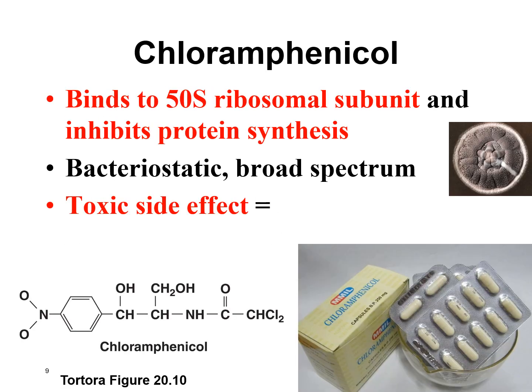Okay, and then our last antibiotic that binds to the 70S ribosomes in the bacteria and inhibits protein synthesis is chloramphenicol. Chloramphenicol is actually not used in this country anymore. The only place you might see it used is as an eye medication, and that's it. It's not used internally at all.